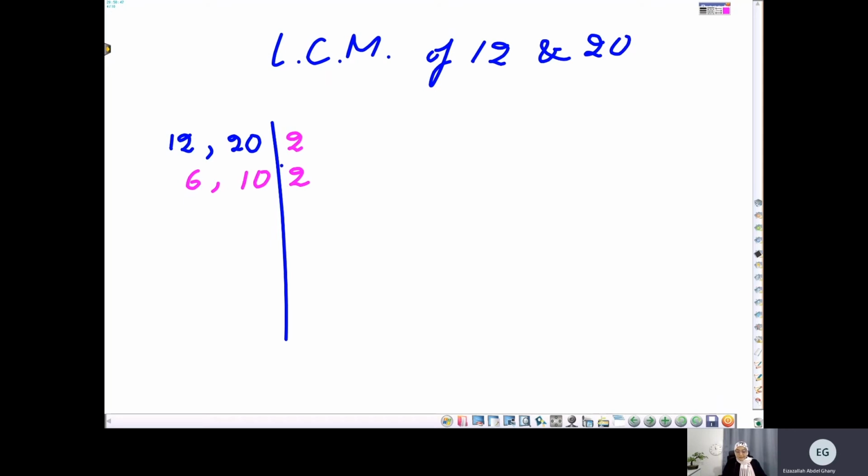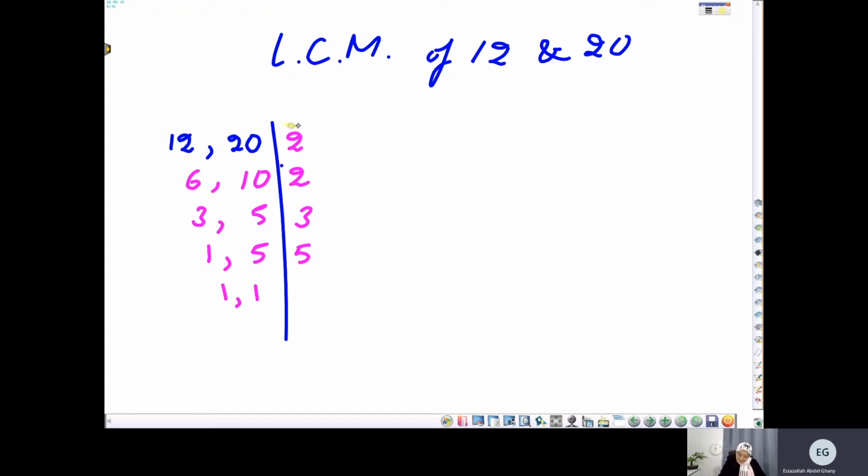Yes, you can. 6 divided by 2 is 3, and 10 divided by 2 is 5. Can I divide by 2? No, but you can divide by 3. But both of them are not divisible by 3. Not necessarily. 3 divided by 3 is 1, but 5 will be postponed. So now the only number remaining is 5. You divide by 5.